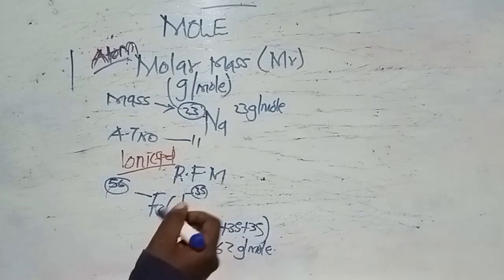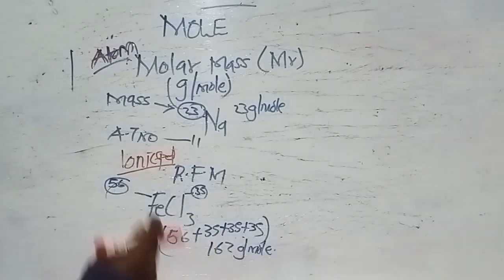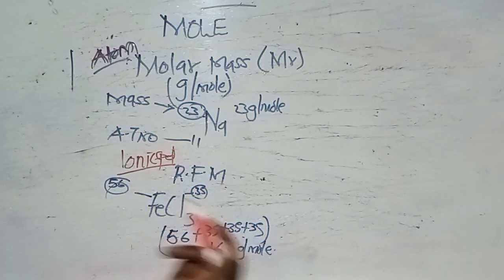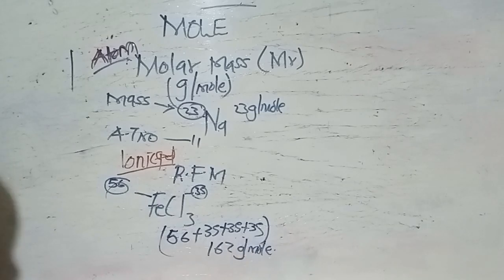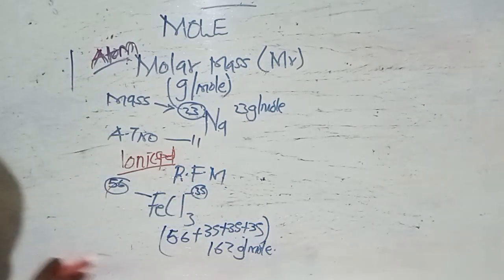Now, let us go to molecular compounds or molecules. Remember, these are the particles that we were talking about: atoms, ions, molecules. And we said that in 1 mole of a substance, you have 6.02 times 10 raised to power 23 particles, atoms, ions, molecules.